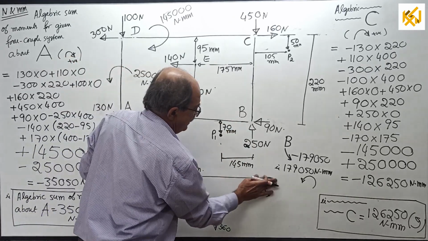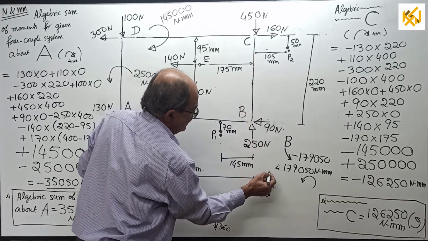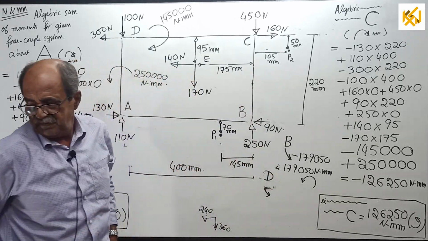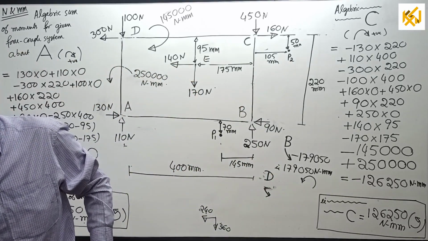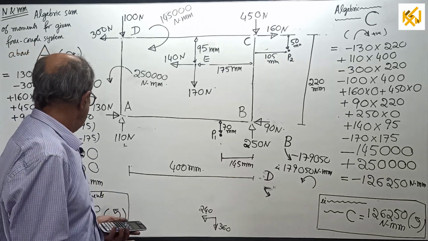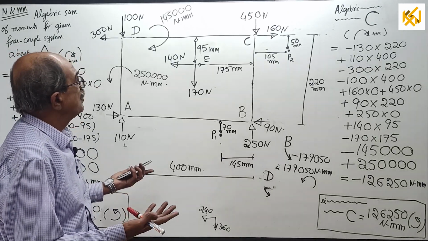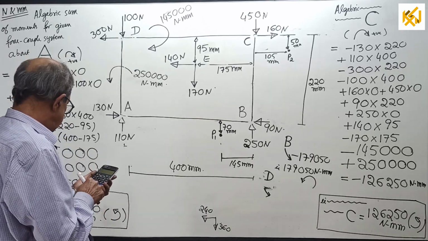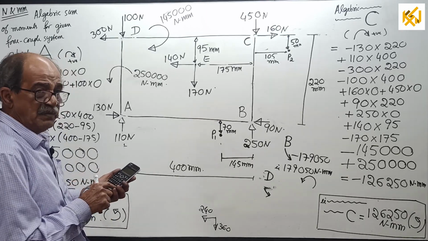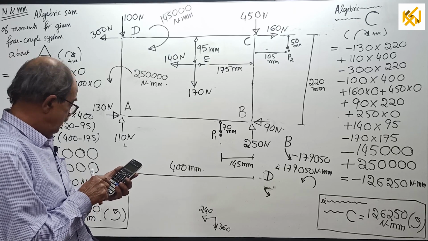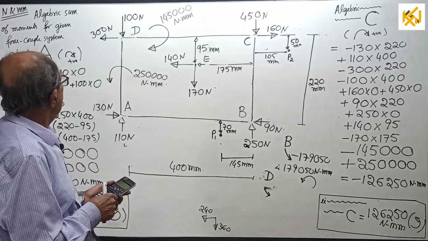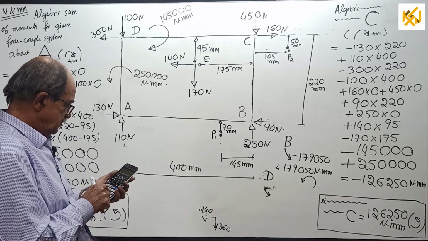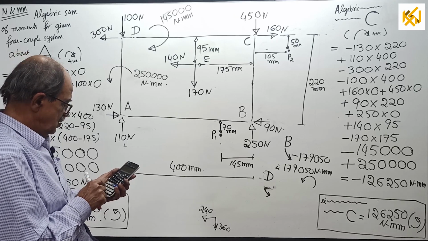Now the answer about D. I told you a printing mistake can happen in my class. I want just one answer, any answer will do. I will use the answer A only. Minus 35050. Then here you are doing just plus 240 into 220.